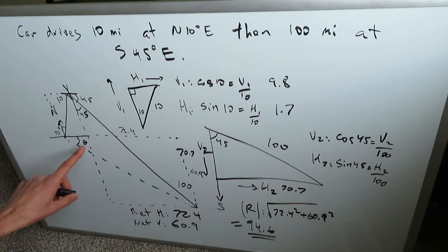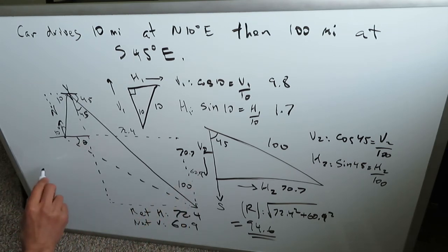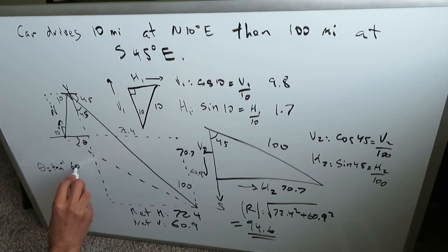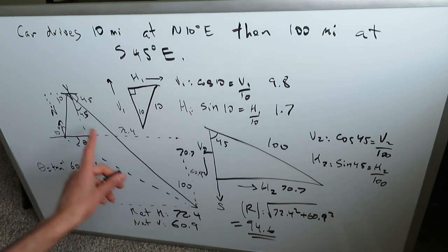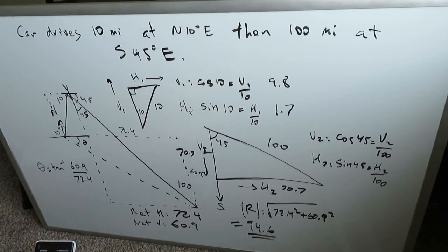With reference to this angle, my opposite is 60.9. So theta is equal to arctan of 60.9 divided by the adjacent, because remember, tangent is always opposite divided by adjacent. So 60.9 divided by 72.4, inverse tan that, I get 40 degrees.